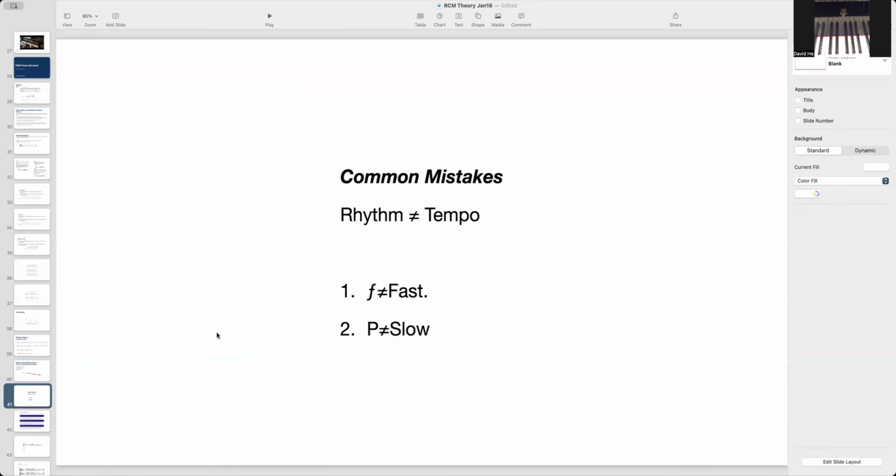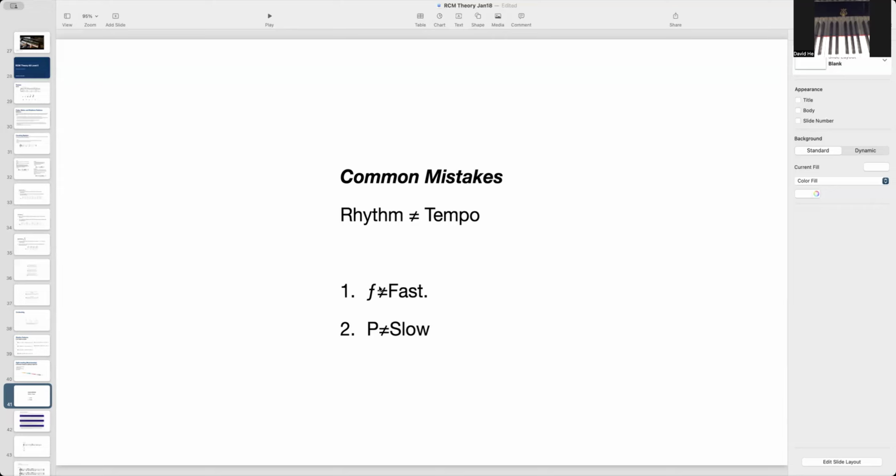A common mistake in here: rhythm is not equal to tempo. We just went through that. That's very important. You have to set up the tempo on your metronome. With the metronome, you can set a slower tempo to practice, and focus on the rhythm.